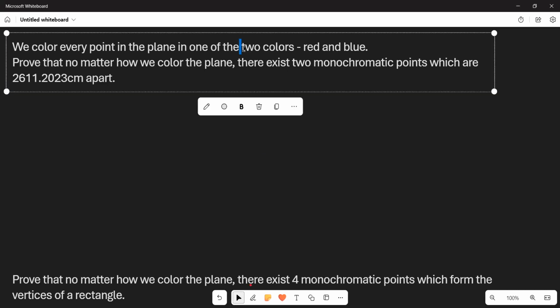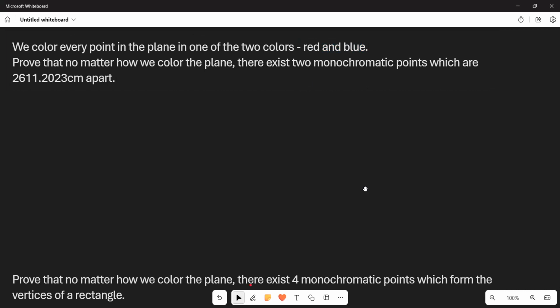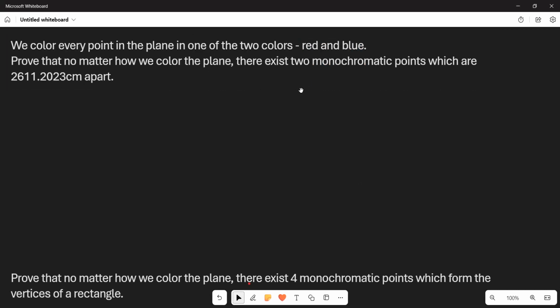No, we are coloring it in two colors. So we are using two colors to color the plane, red and blue. Ma'am, so we have some parts of red and some parts of blue mixed together, anywhere? Okay.